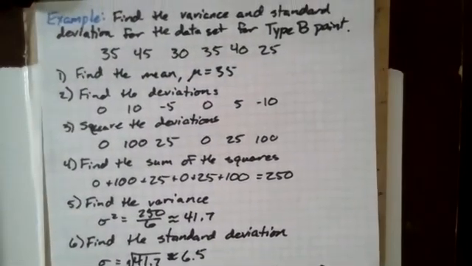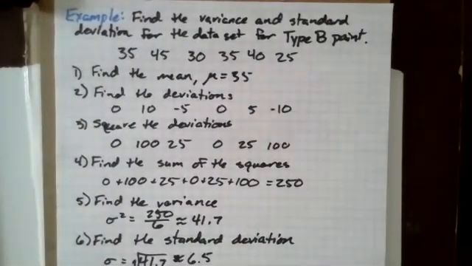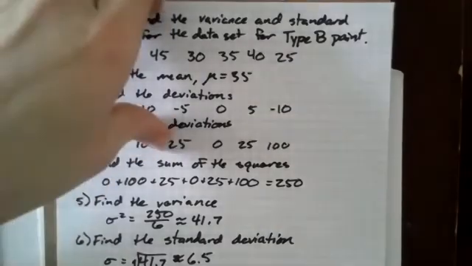We'll repeat this for type B paint. Again, we already have the mean. It's 35. The deviations are 0, 10, negative 5, 0, 5, and negative 10. We square the deviations to get 0, 100, 25, 0, 25, 100. We find the sum of the squares, which is 250, and find the variance by dividing 250 by 6, which is approximately 41.7.